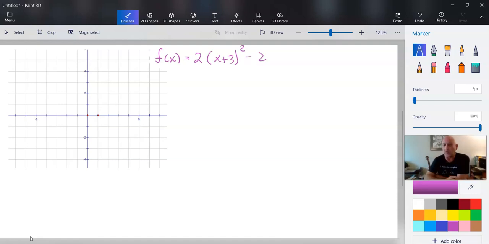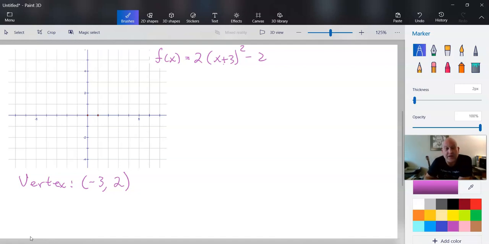Okay, so let's just see what we got here. So first of all, we should be able to pick out the vertex. Right? It's going to be the opposite of whatever's by x. So that's a plus 3. That makes this a minus 3. And then whatever's trailing on the end for y, which is a 2. Okay?